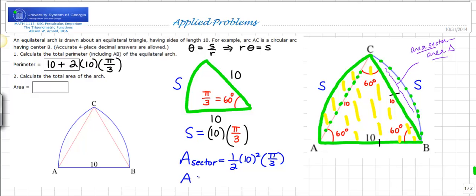And the area of the equilateral triangle, I could either do with the equilateral triangle's area formula from geometry, or I can do my side angle side area formula that we derived earlier. And if I do it in the side angle side manner, I would say 1/2 the product of two adjoined sides, so here and here, times the sine of the angle between them.